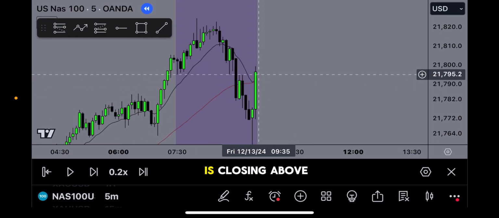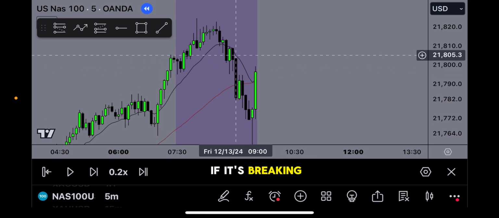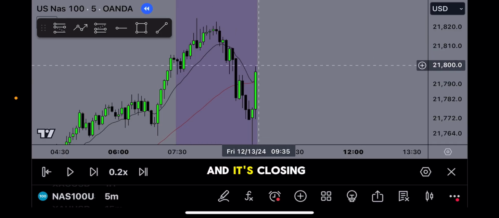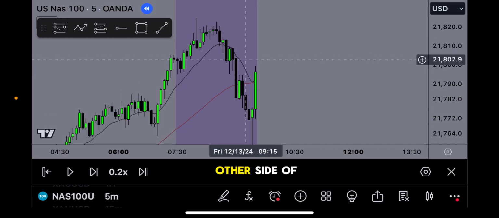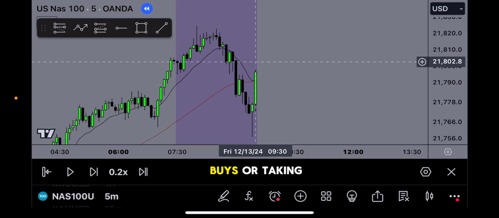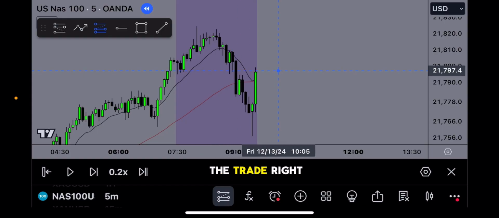If the candle is closing above the 13MA. If it's breaking the 13MA line and it's closing above the line, or on the other side of the line, that's when you will be taking buys or taking sells, or just entering the trade, right?